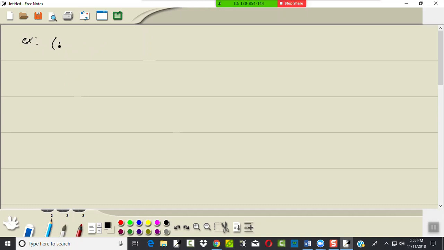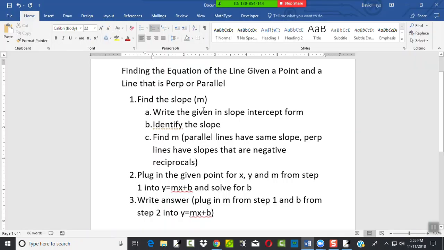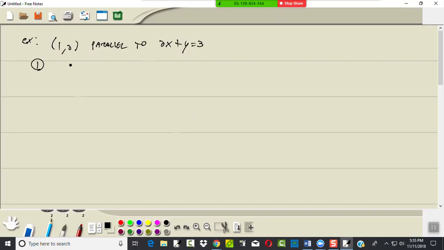The line passes through the point (1, 2) and is parallel to 2x plus y equals 3. Step 1, find m. Our first substep, write the given line in slope-intercept form.